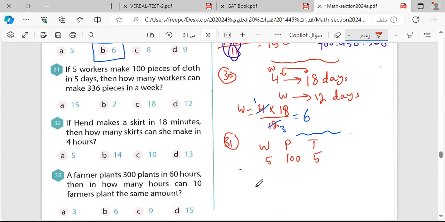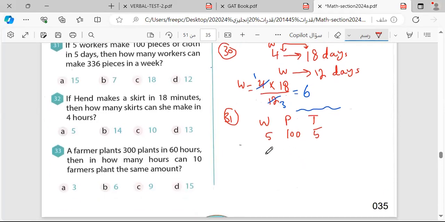Here we have 3 quantities. If 3 quantities, what will I do? We use alternative reduction, cross multiplication. Now the second one, how many workers, he asked me about workers, make 336 in a week. So 7 days, right?